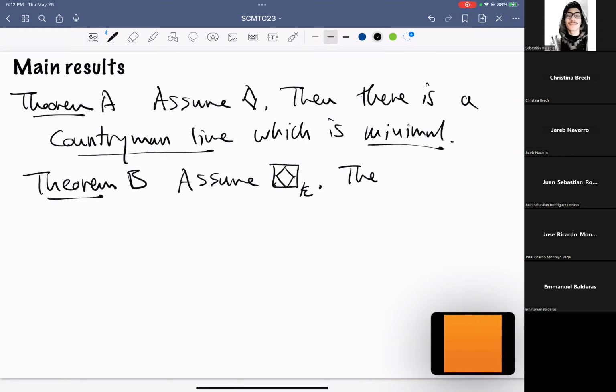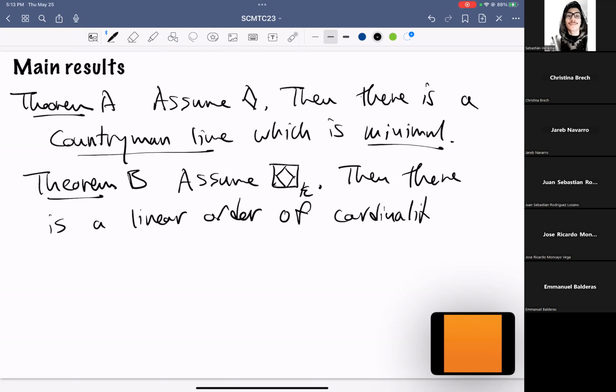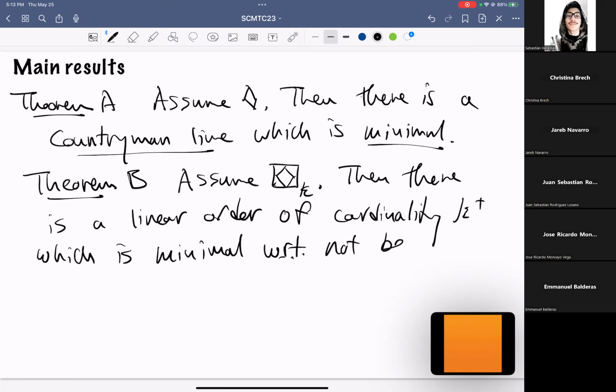Then there is a linear order of cardinality kappa plus, such that L is, which is, I should say, minimal with respect to not being sigma scattered.